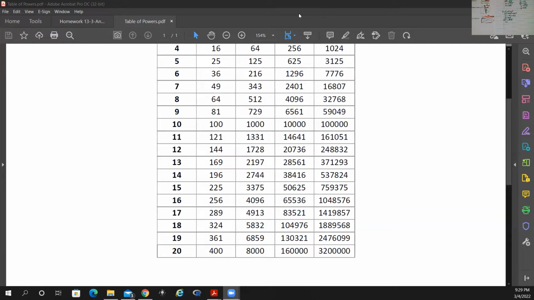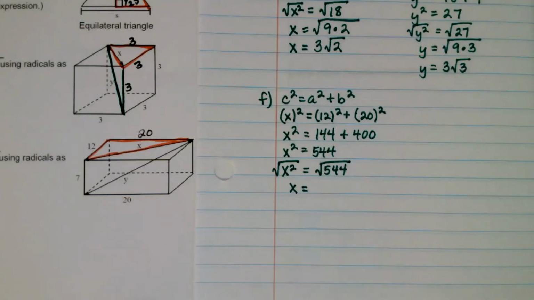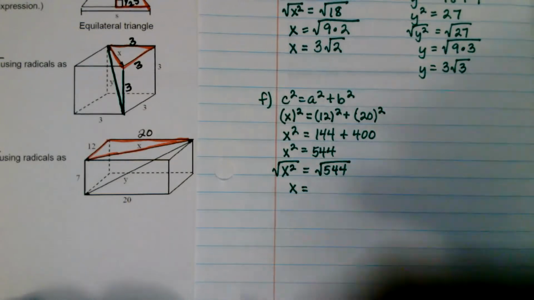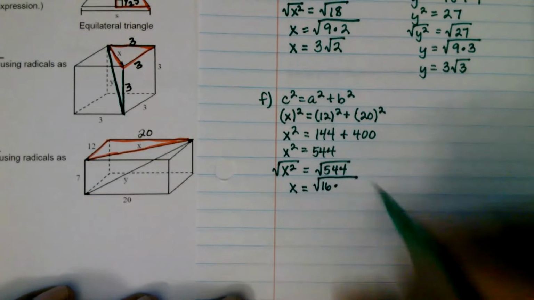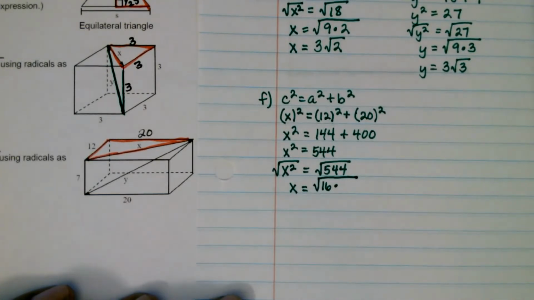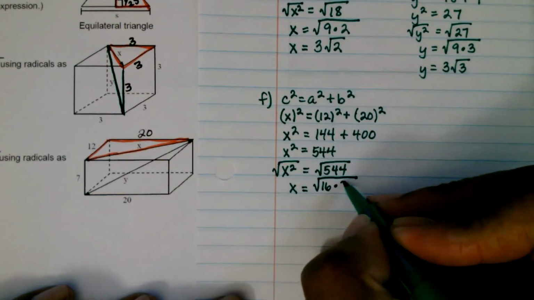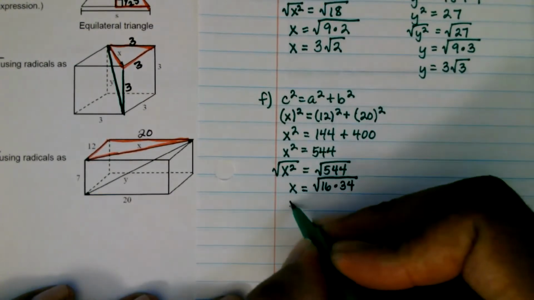So here, 16 is a perfect square. That's the largest perfect square that goes into 544, and it goes into 544 34 times.